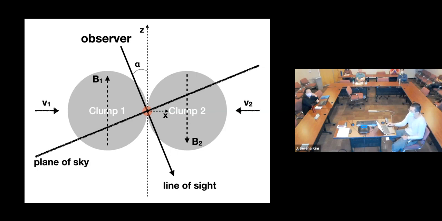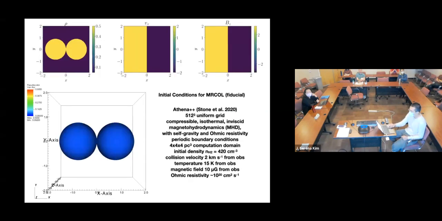So we set up this initial condition, and we use the MHD code Athena++. Here I show the initial condition. You can see the two spherical clumps, and we show the slice plots of the density, velocity, and line of sight magnetic fields.